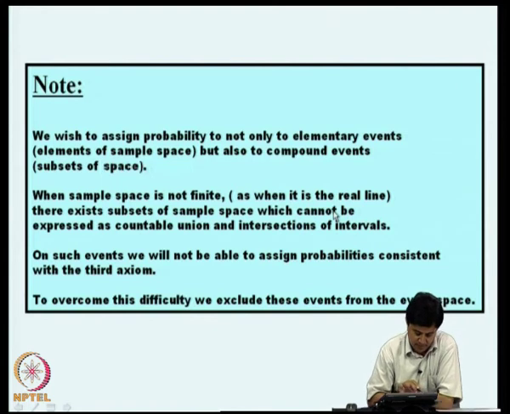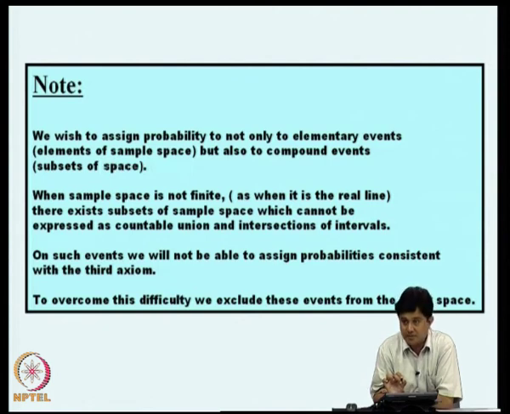Now, actually on such events we will not be able to assign probabilities consistent with the third axiom. So, we would like to exclude them from our consideration. So, this is a mathematical nicety that we have to take into account at the outset, and therefore, we insist that the event space should be a sigma algebra of subsets of the sample space.